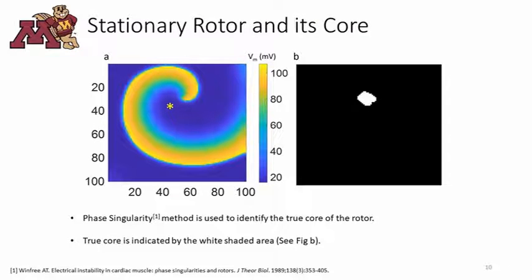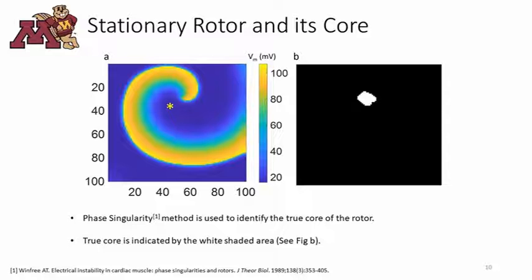Next, to your left is the voltage map of a simulated stationary rotor. This is taken from the 1000 Hz simulations. To your right on the screen, you can see the true core of the rotor represented by the white area. The true core is identified using a widely accepted phase singularity approach. The phase singularity points obtained are considered the true core of the rotor.